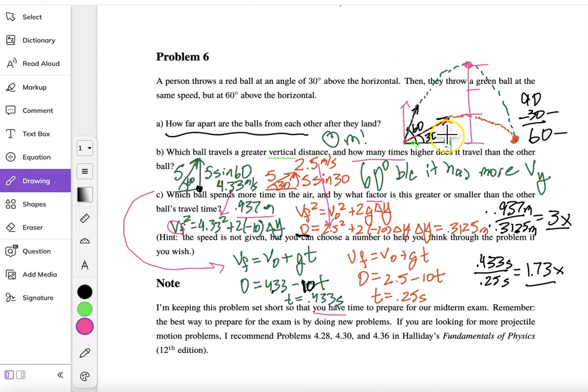When we do it for the red ball, we're looking at that speed up again, which we said originally was 2.5, and then we add to that our negative 10 times time, and we get 0.25 seconds. To find by what factor it is bigger, we take 0.433 divided by 0.25, and we see it's in the air 1.73 times longer than the red ball.